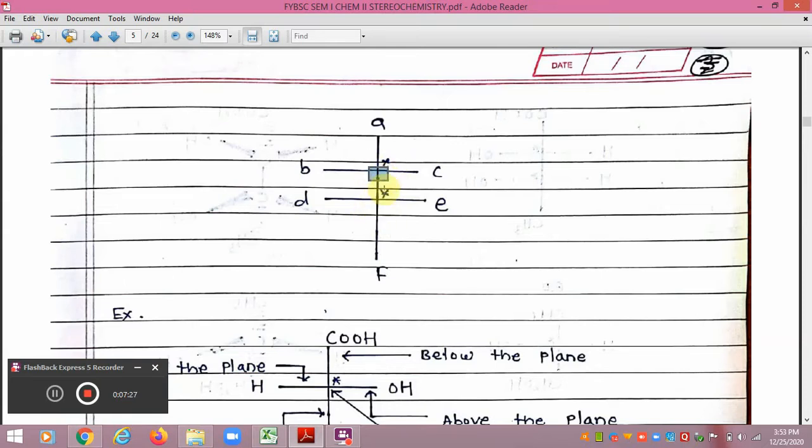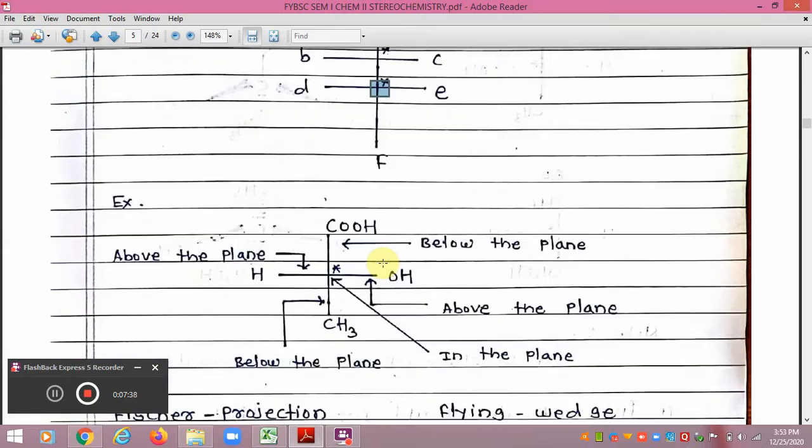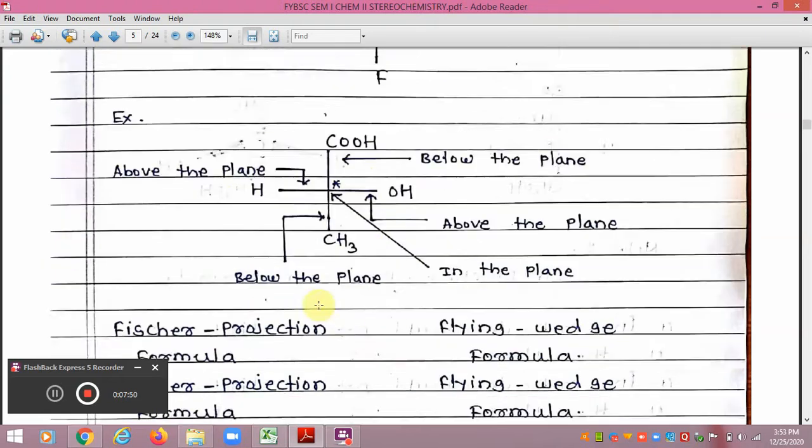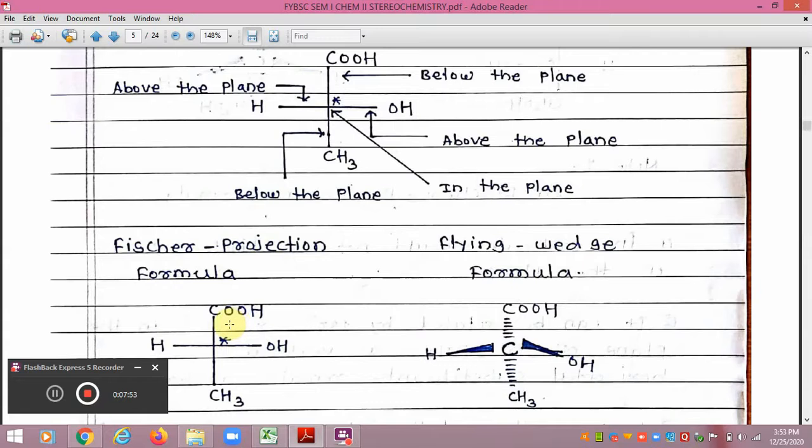At this end carbon as well as the other end carbon, the horizontal lines B and C and D and E are present above the plane, and the vertical lines A and F are present below the plane. I hope you understood this. So the horizontal groups OH and H are present above the plane, and the vertical groups COOH and CH3 are present below the plane. So this is the Fischer projection representation.